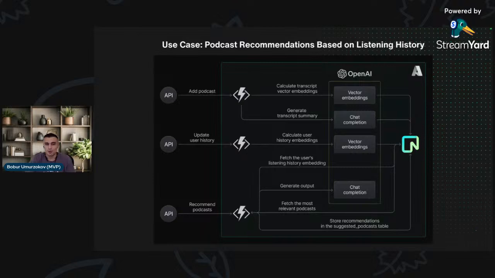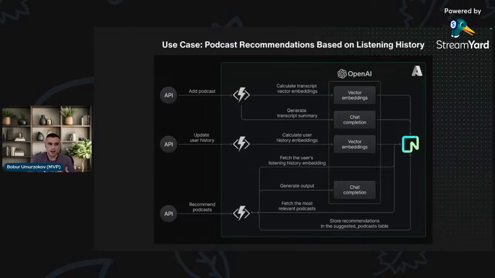So why do we need an additional suggested podcast table? Because of future improvements. For example, we want to avoid redundant recommendations next time. We're not going to show the same recommendation we recommended previously, or we can even analyze user behavior, like which podcasts were clicked or liked, for better personalization.